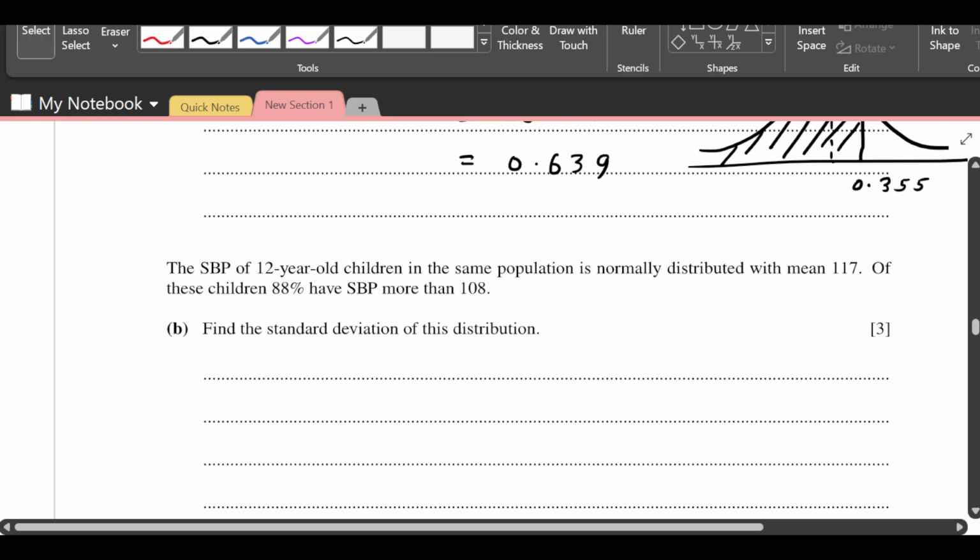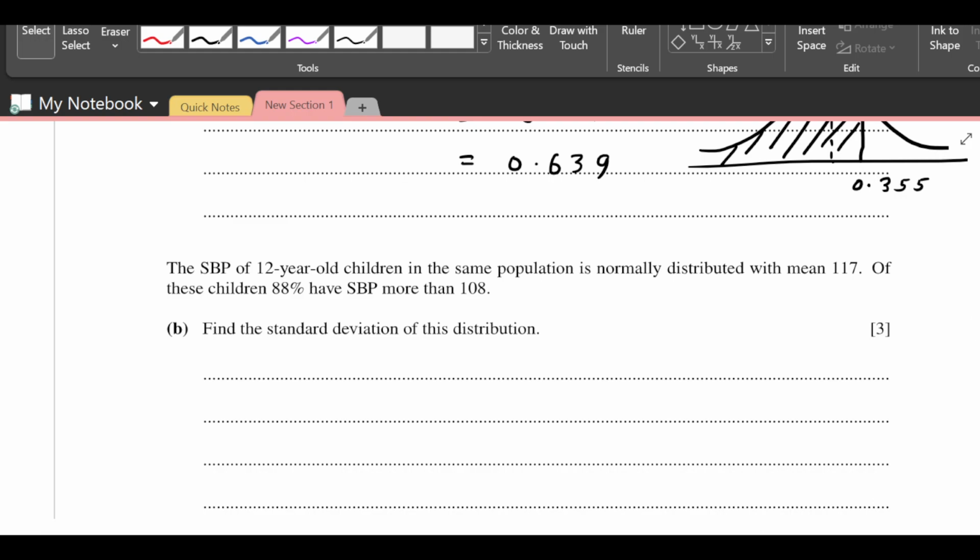Now the second part of the problem. The systolic blood pressure of 12-year-old children in the same population is normally distributed with mean 117. Of these children, 88% have systolic blood pressure more than 108.